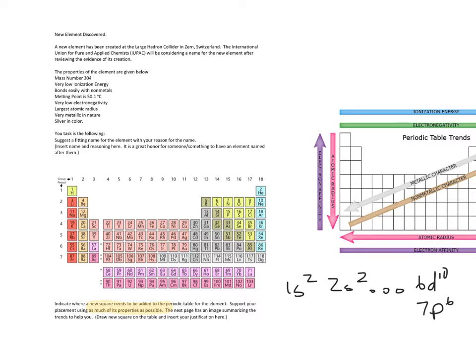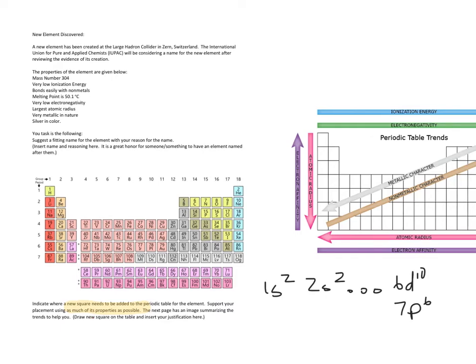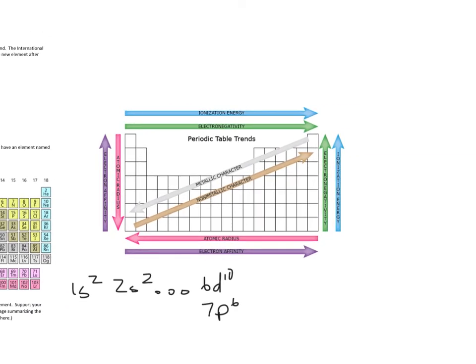After you've placed it on the periodic table, I want you to justify its position using its properties and how they fit in with our trends. So I'll be looking for a correct placement and using as much of the properties as possible to argue for your placement. To help you along the way, I've included this image.